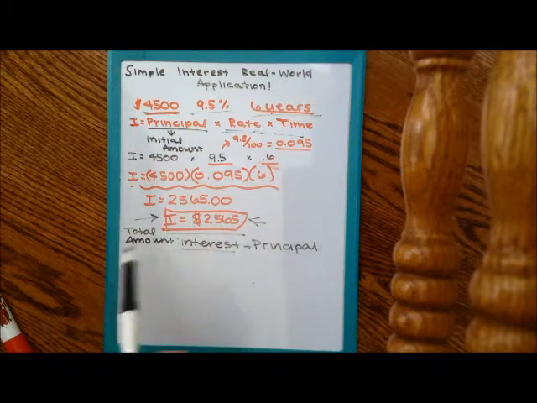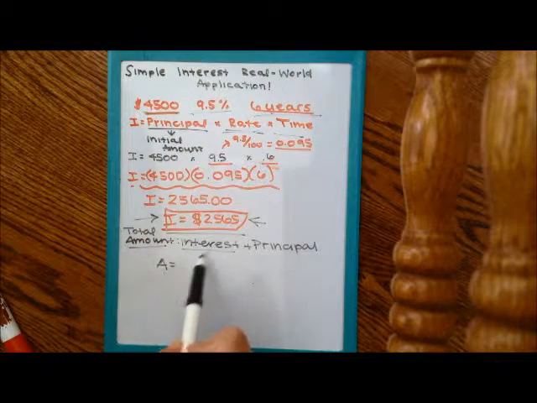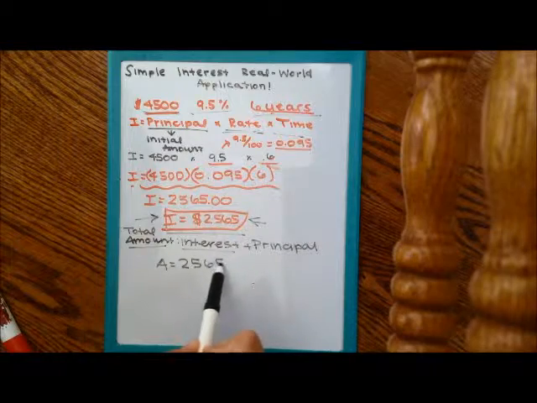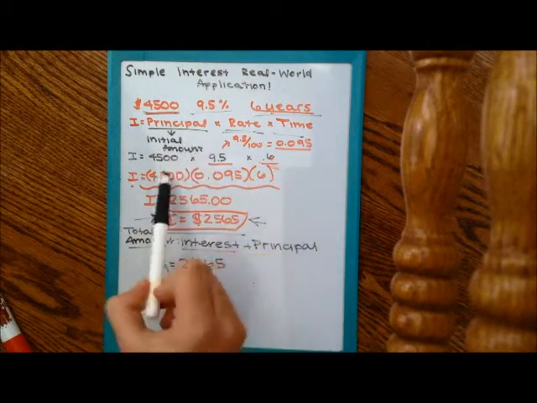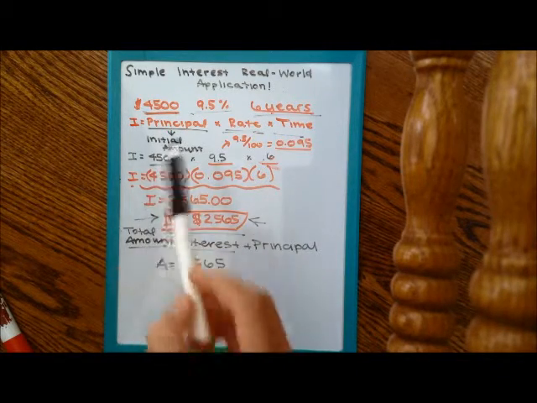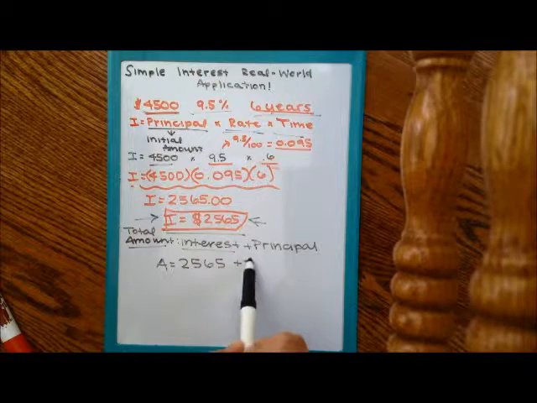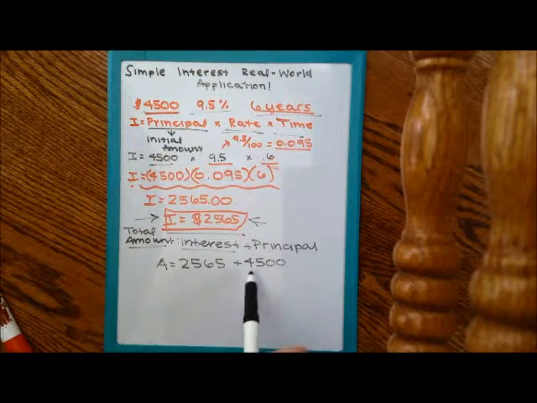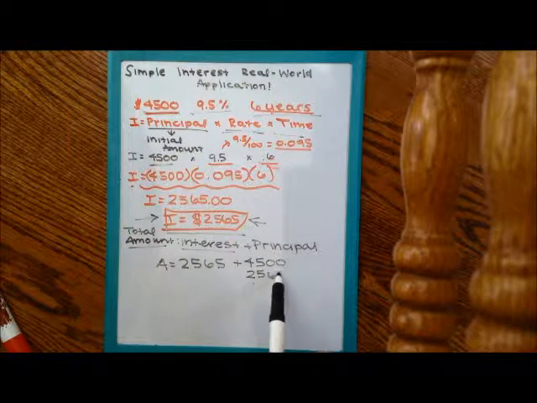So we're going to take that and we're just going to say that the amount is A. Our interest is $2,565, and our principal is our initial amount, and the initial amount for this problem was $4,500. So we're going to do plus $4,500. Now all we need to do is add, so we're going to just set up a quick addition problem.